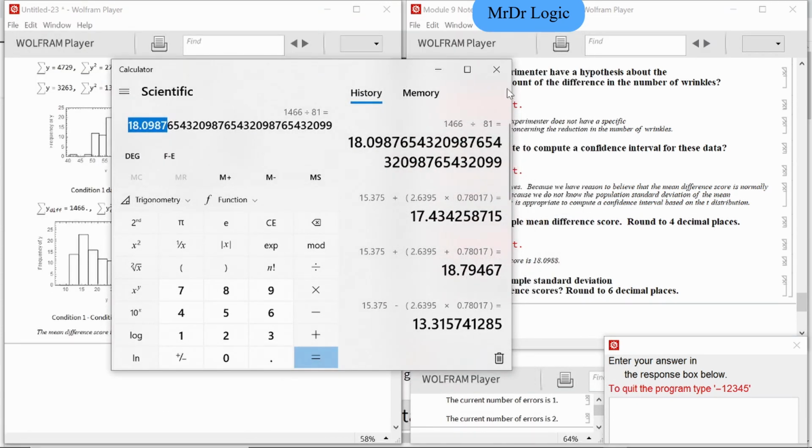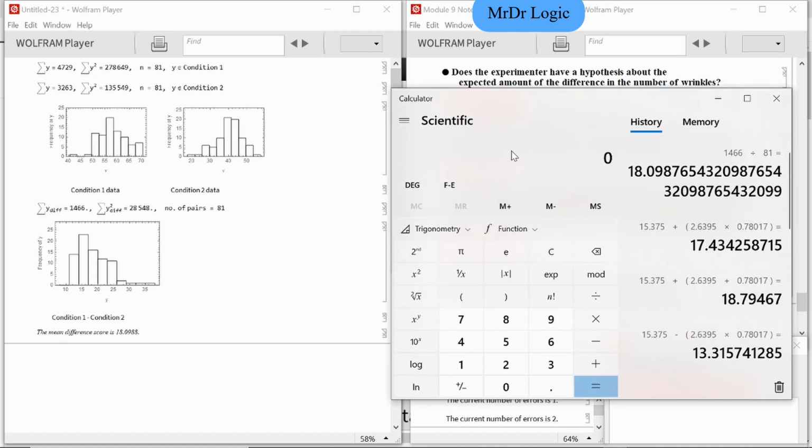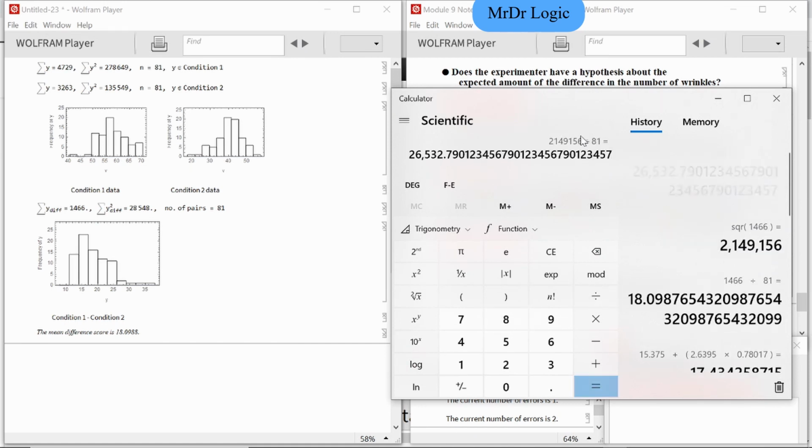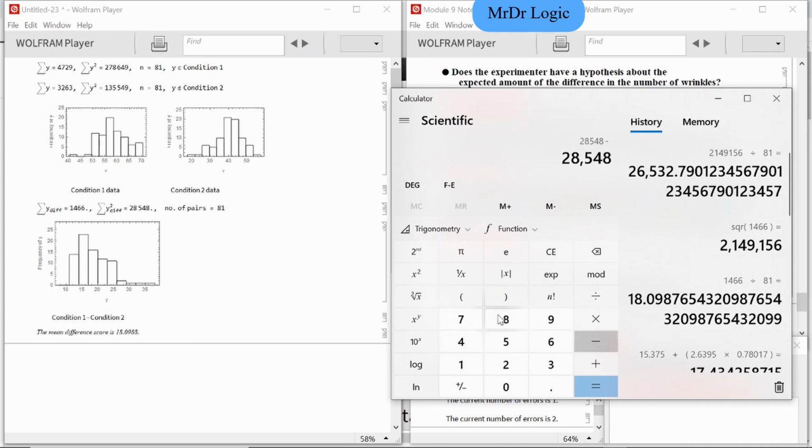Where's the damn calculator? So we're going to start off with 1466 squared divided by 81. We're going to take 2 minus 26... that's 0.701234567901... 23456790123.